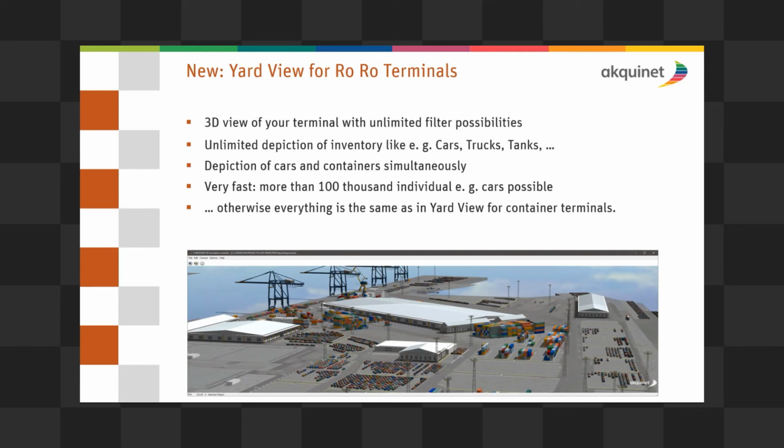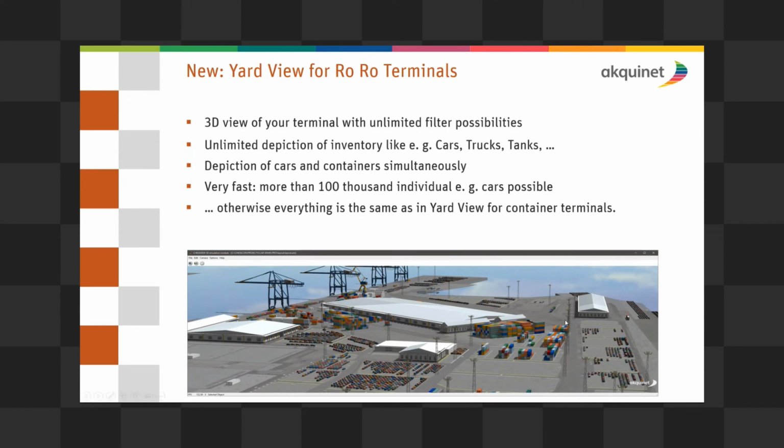That means you can, for example, filter containers by the voyage number of the next container vessels to be berthed at your container terminal, or you can find certain containers in your system, and you can colorize these containers.